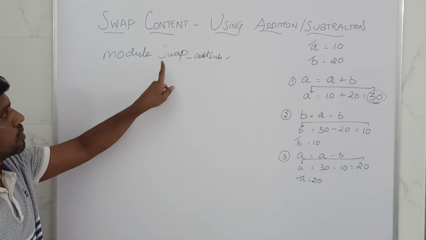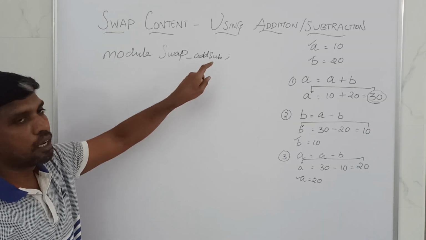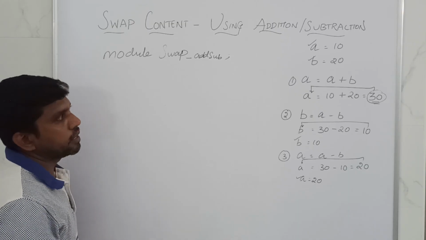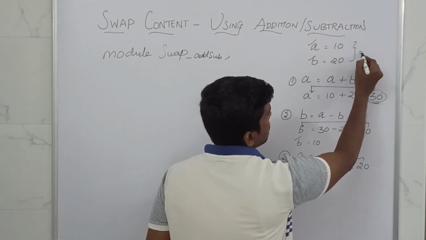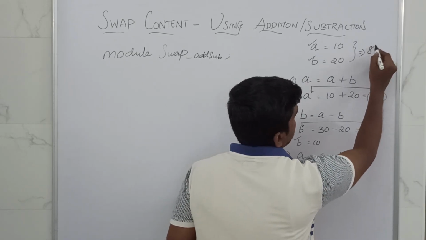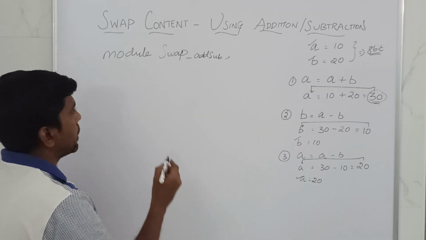So module followed by module name. So module name is swap_addition_and_subtraction. Now I declare the variables. So A and B variables. These two variables are considered 8-bit values.